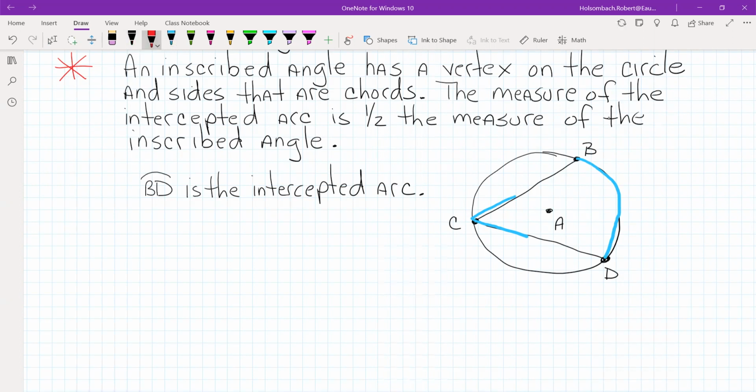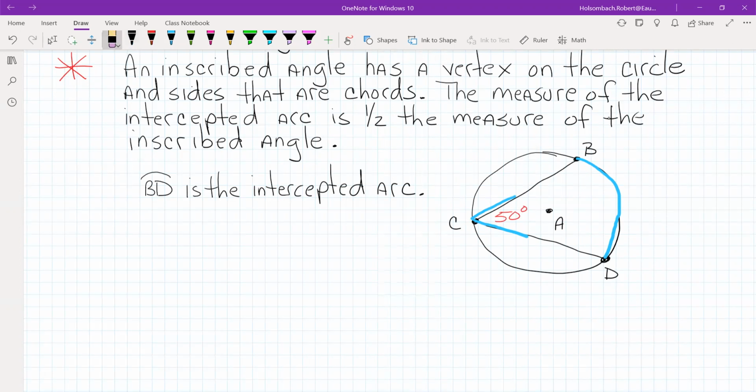So if this angle measured down here is 50 degrees, we got to go back up here. I'm sorry, guys.